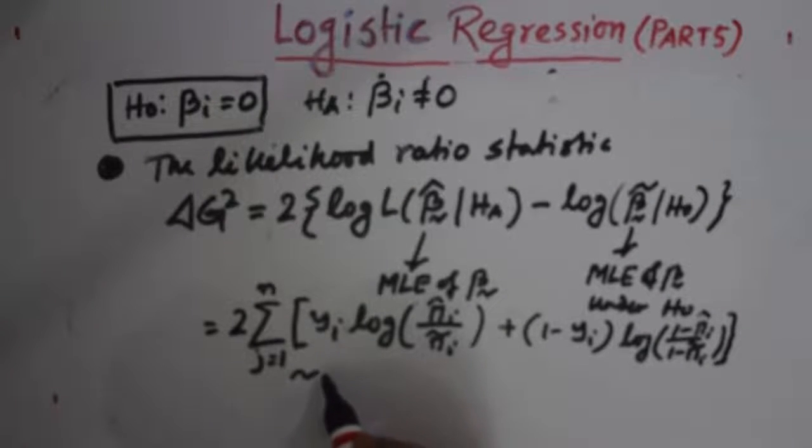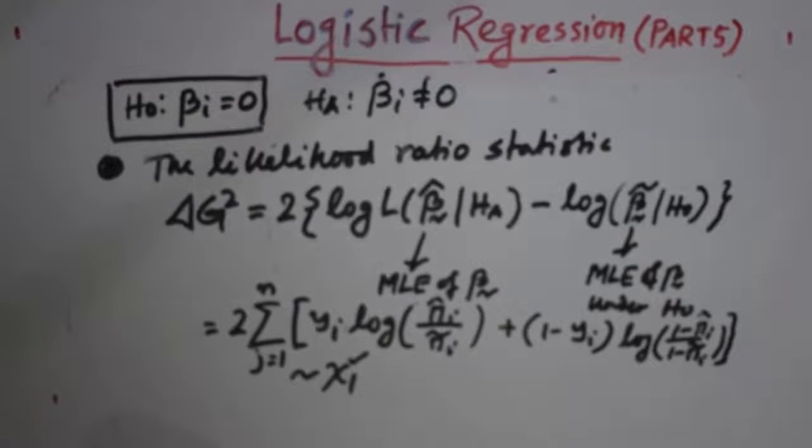This follows chi square with 1 degree of freedom, where pi i hat is the estimate under the alternative and pi i tilde is the estimate under the null.